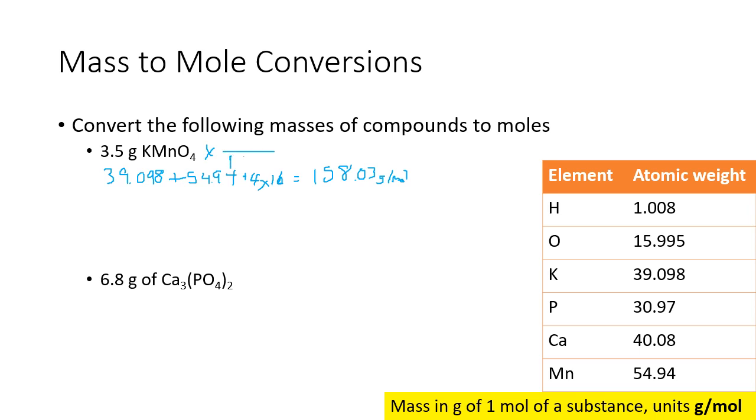So we put 158.03 grams on the bottom, and then that flips the mole to the top. So the grams cancel, we end up with moles. All right, so if we do that calculation, fairly straightforward, 3.5 divided by 158.03.